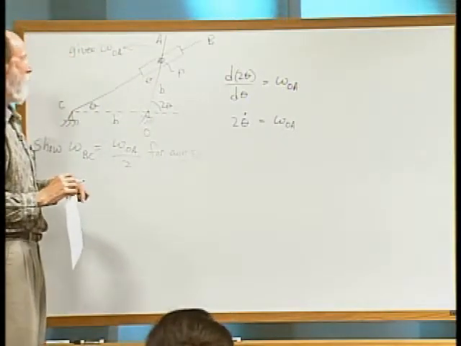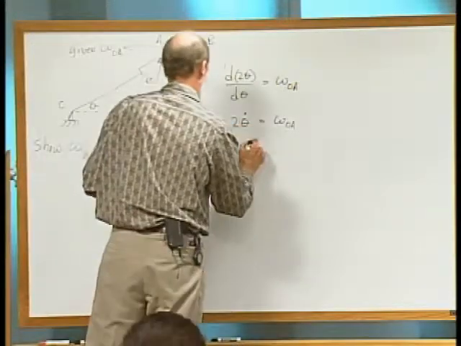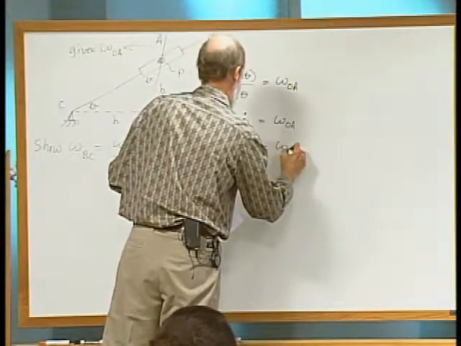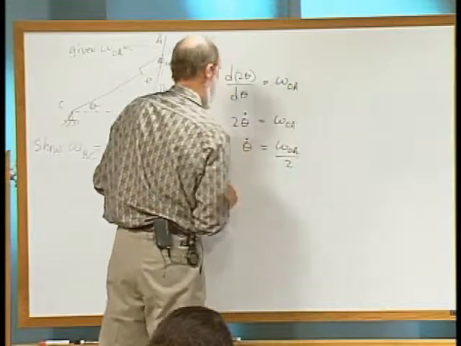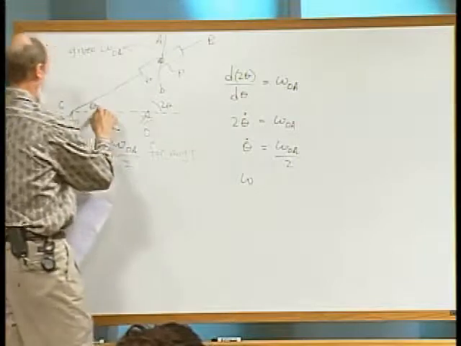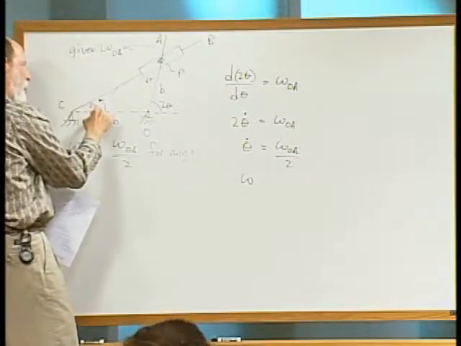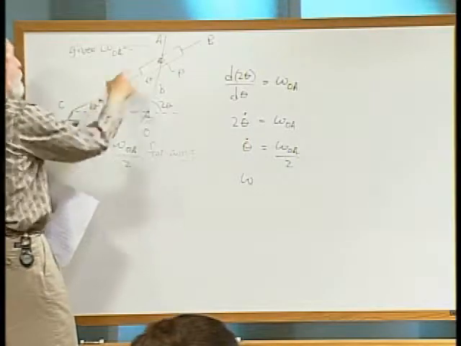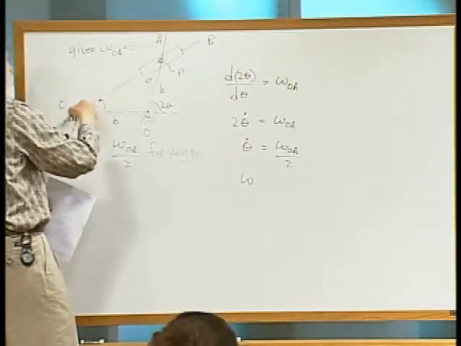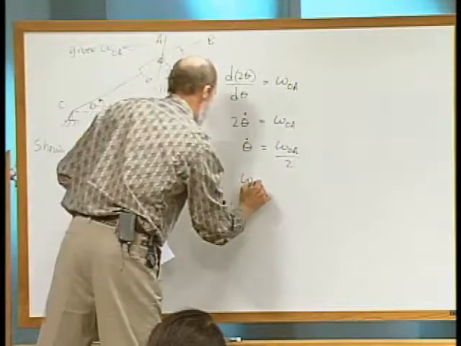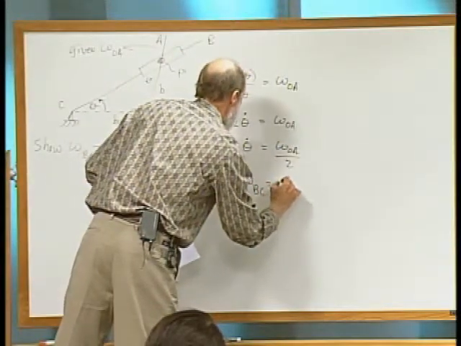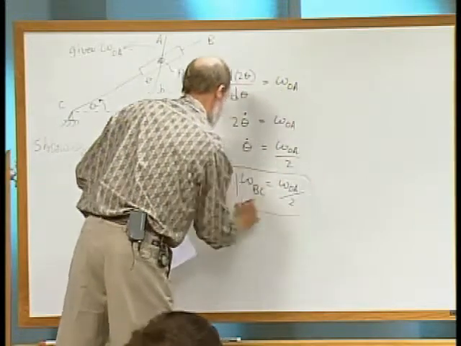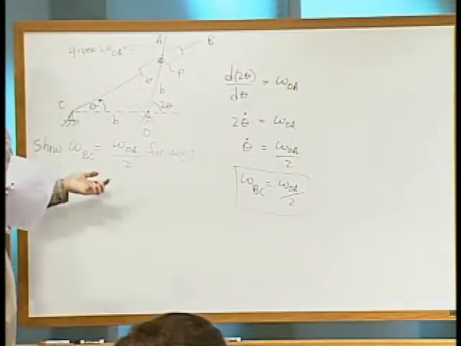Divide by 2, and there you have it. But theta dot relates to the motion of the other arm over there, doesn't it? This is the time rate of change of this theta over here. And so your theta dot is then going to be your omega of BC. Done.